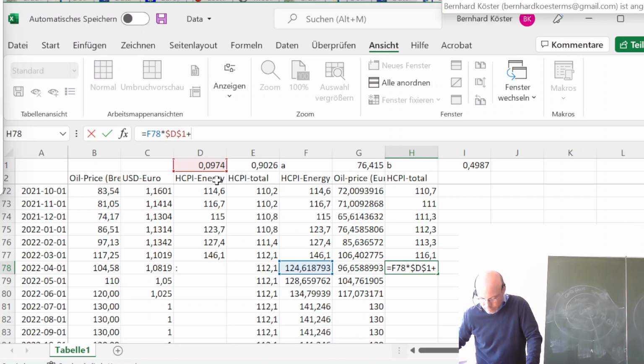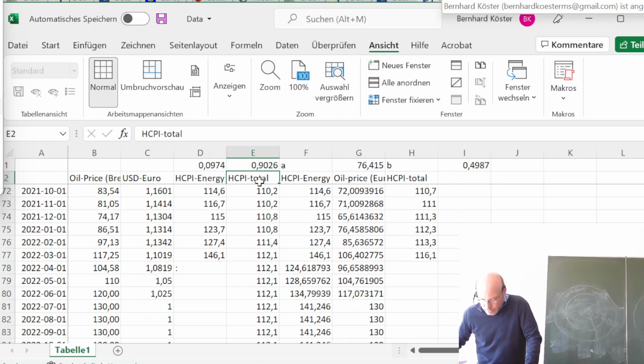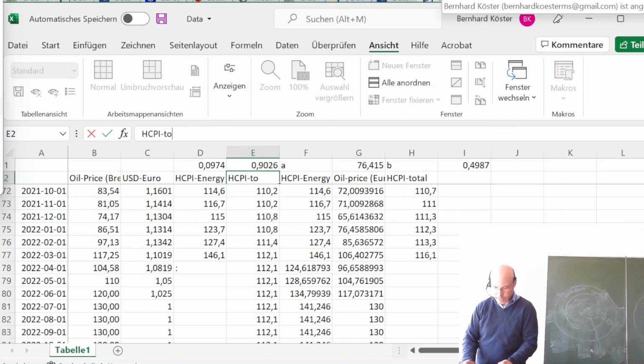Where did I have the non-energy? This was, oops. I cannot see where I have the energy and non-energy. So this is energy. This is HCPI, not total, but HCPI non-energy.